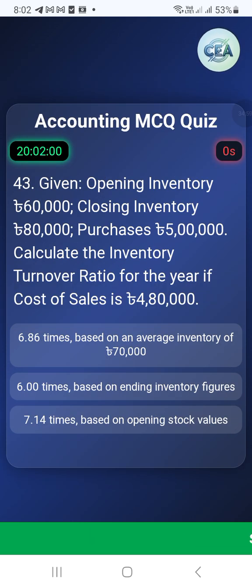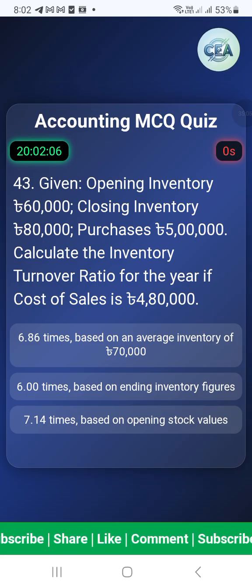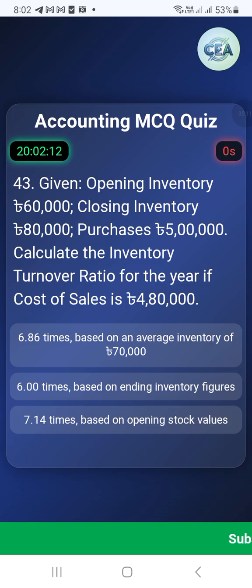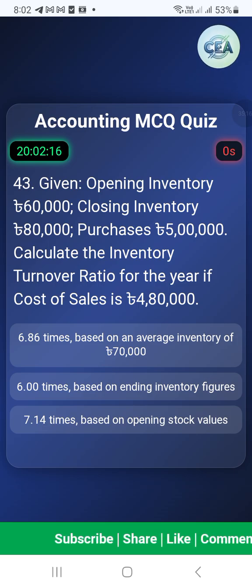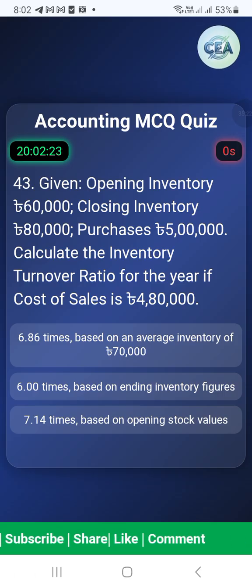43. Given, opening inventory 60,000 takas, closing inventory 80,000 takas, purchases 500,000 takas. Calculate the inventory turnover ratio for the year if cost of sales is 480,000 takas. Option 1. 6.86 times, based on an average inventory of 70,000 takas.